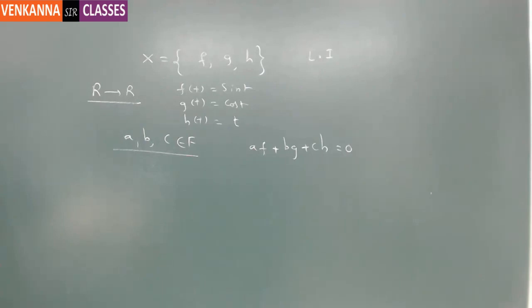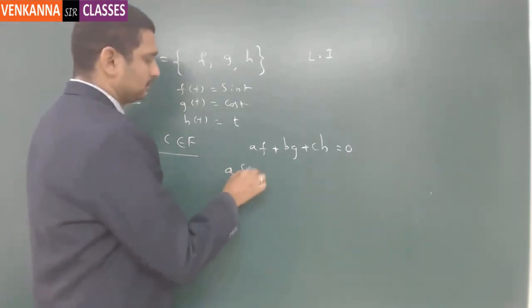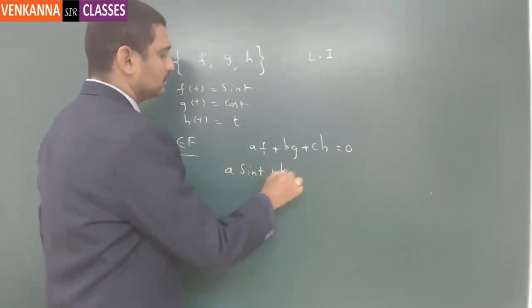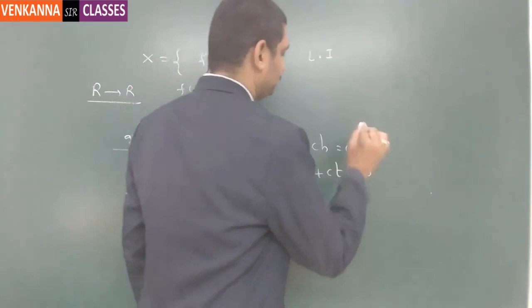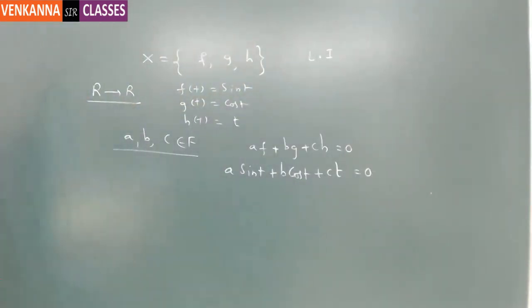Now what happens, let us substitute the values. So if you are able to prove that the values of the scalars A, B, C are 0, then the set is linearly independent.